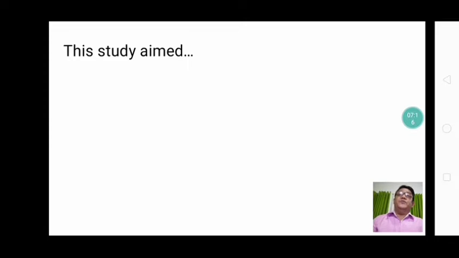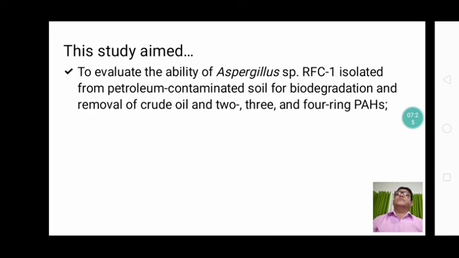This study on removal and biodegradation of different petroleum hydrocarbons using the filamentous fungus Aspergillus species RFC-1 aimed to evaluate the ability of Aspergillus species RFC-1, isolated from petroleum-contaminated soil, for biodegradation and removal of crude oil and 2, 3, and 4 rings polycyclic aromatic hydrocarbons.